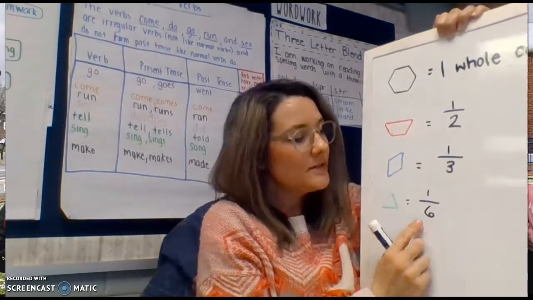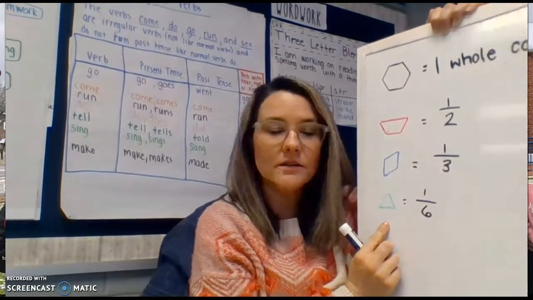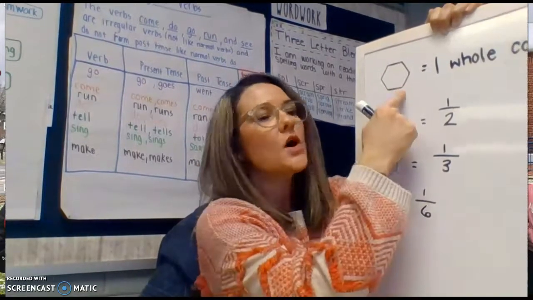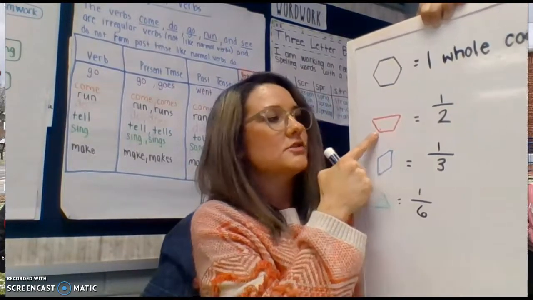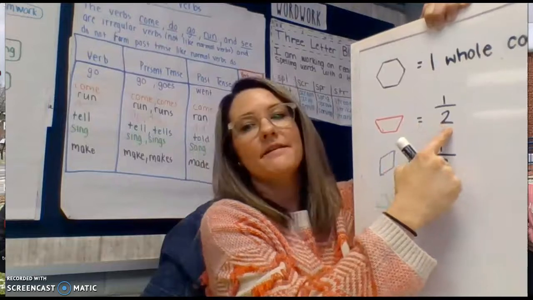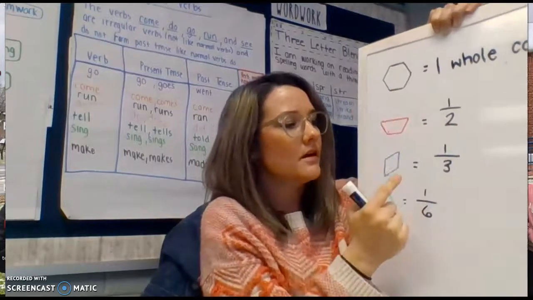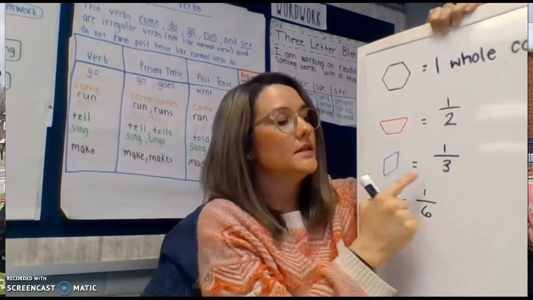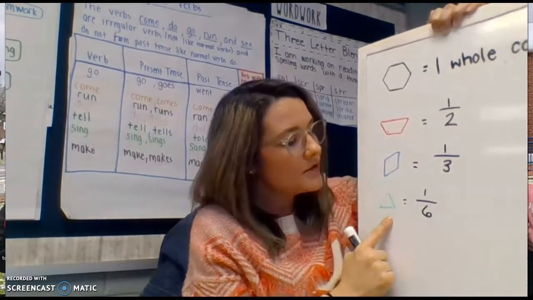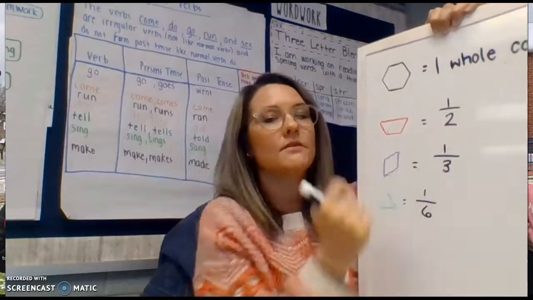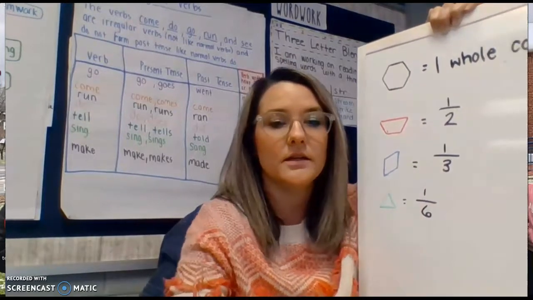We have 1/6. 1 triangle is 1/6 of the whole hexagon cookie. Okay, so the trapezoid is 1/2 of a whole hexagon cookie. The rhombus is 1/3 of a whole hexagon cookie, and the triangle is 1/6 of a whole hexagon cookie.